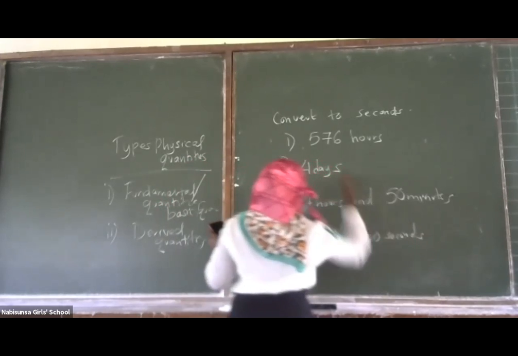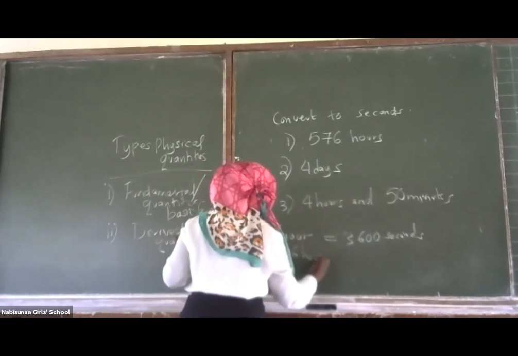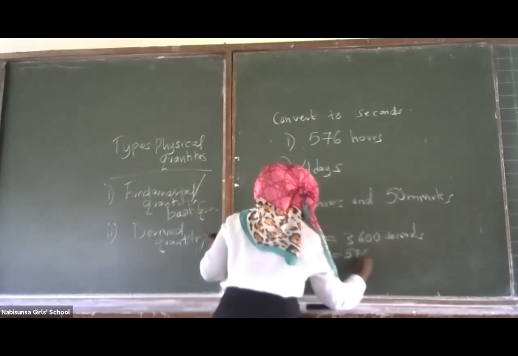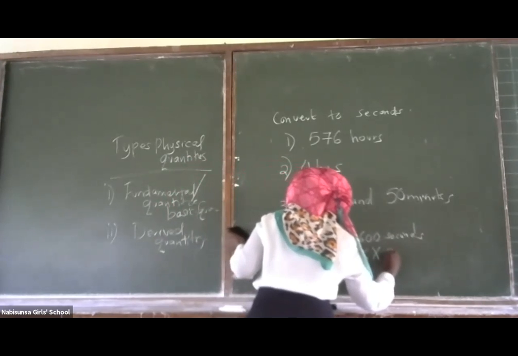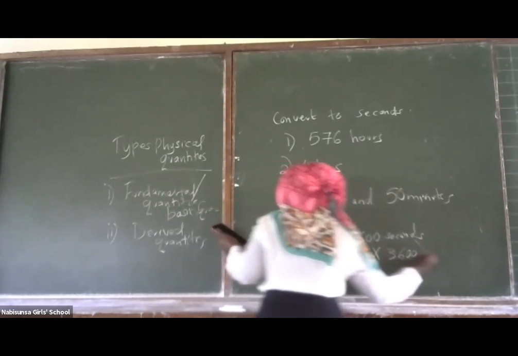So if there are 576, then there will be 576 times 3,600 seconds.